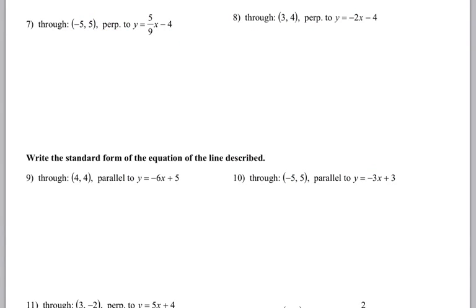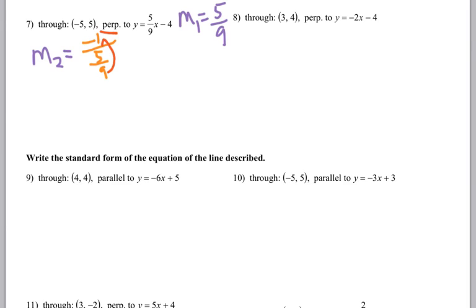Okay, let's look at number 7. We try to find a linear function passing through (-5, 5), but this time it's perpendicular to y equals 5 over 9x minus 4. So we are given the slope 5 over 9. Then the perpendicular slope will be, let me use negative 1 over 5 over 9.